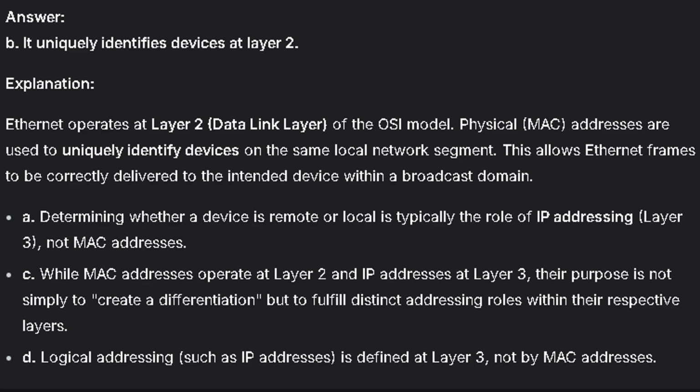C. While MAC addresses operate at layer 2 and IP addresses at layer 3, their purpose is not simply to create a differentiation, but to fulfill distinct addressing roles within their respective layers. D. Logical addressing, such as IP addresses, is defined at layer 3, not by MAC addresses.